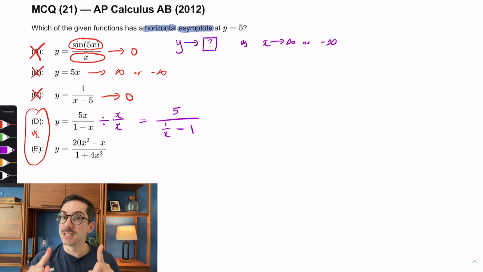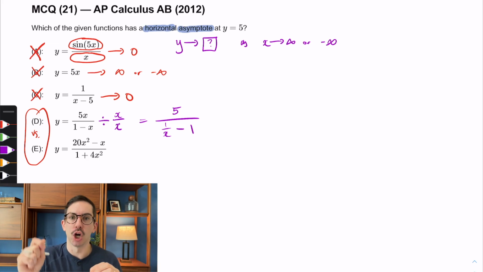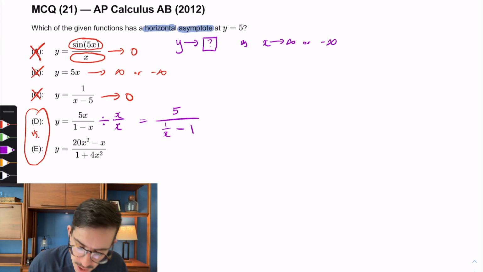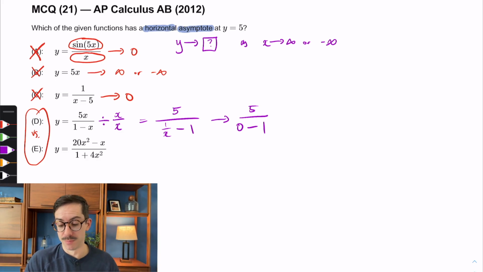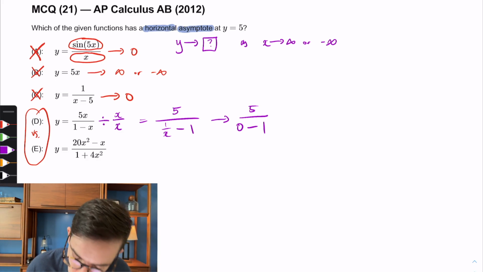Now this is a helpful thing to do because in this form, I see that as x gets bigger and bigger and bigger, the 1 over x gets smaller and smaller and smaller, closer and closer to 0. I'm dividing 1 by a larger and larger number. So this is going to tend towards 5 over 0 minus 1, because the 5 and the minus 1 aren't changing.